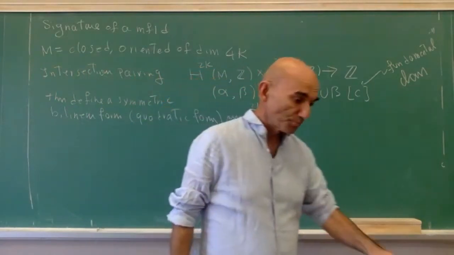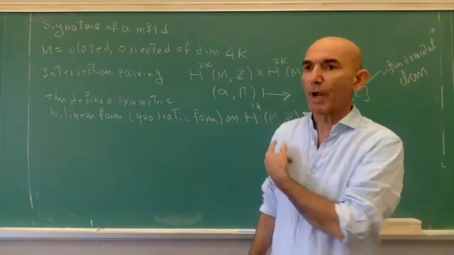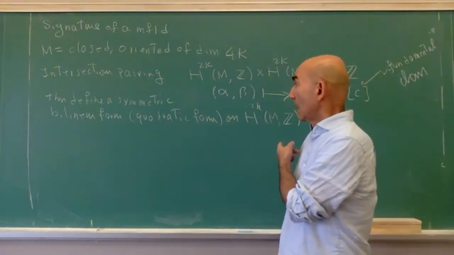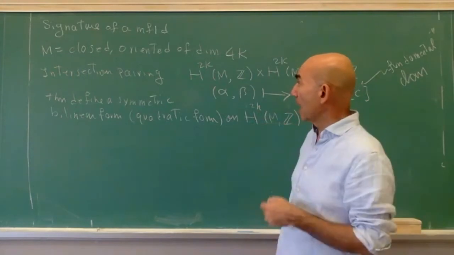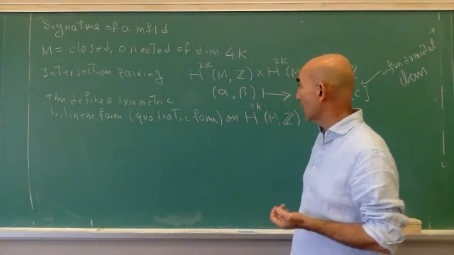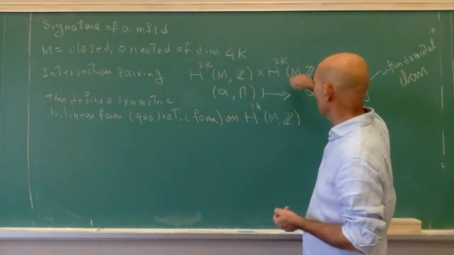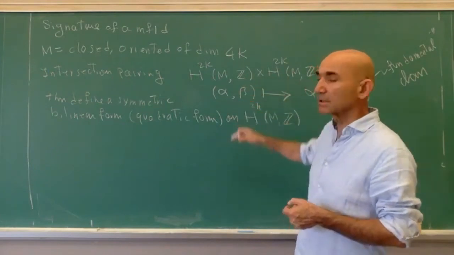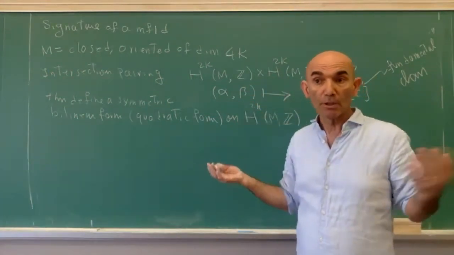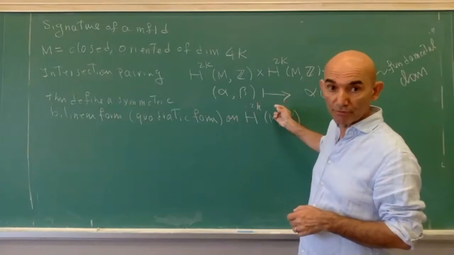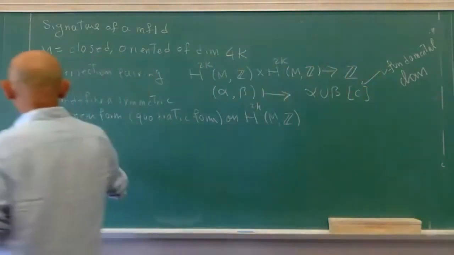There is an alternative way of working with this, which is perhaps easier to grasp if you don't know enough of these things. If M is smooth, for example, there is a de Rham incarnation of this.